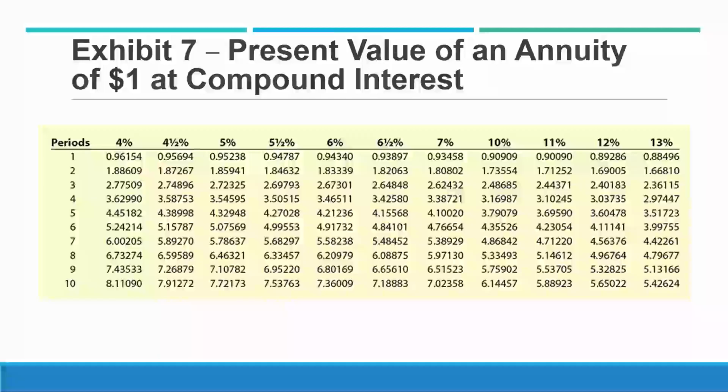But for period 2, we need to calculate the present value of $1 for year 1 and year 2 and add them together. And then we take this factor and multiply it by the payment amount. For a bond, we calculate the payment amount by taking the face value multiplied by the coupon rate, and then we get the annual or semi-annual payment, and we multiply by the proper factor.